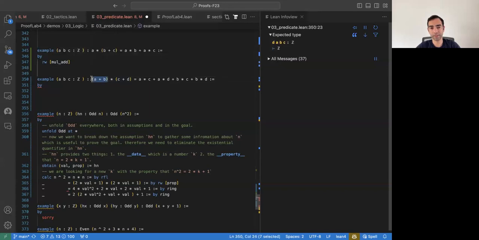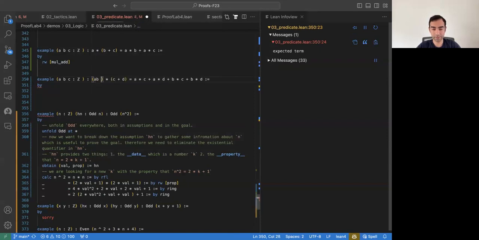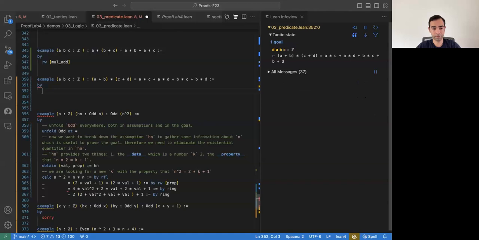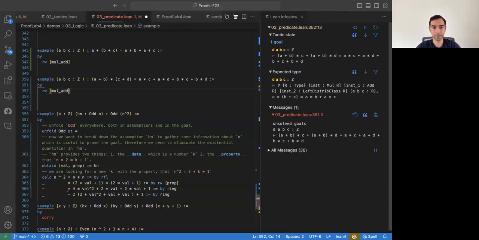So this would be one single term, then I multiply it over this addition. If you write s for sum, then this would be s times c plus s times d. So that step I can already do. So maybe we start by doing this rewrite mul_add and make some progress at least.